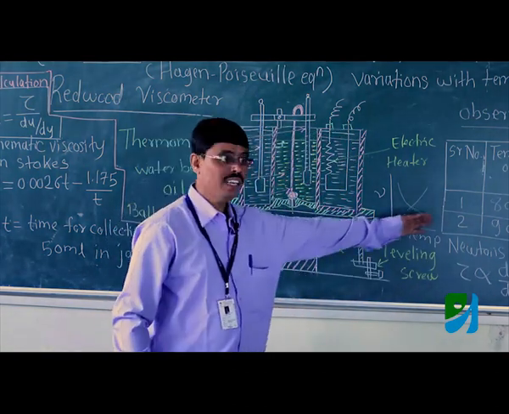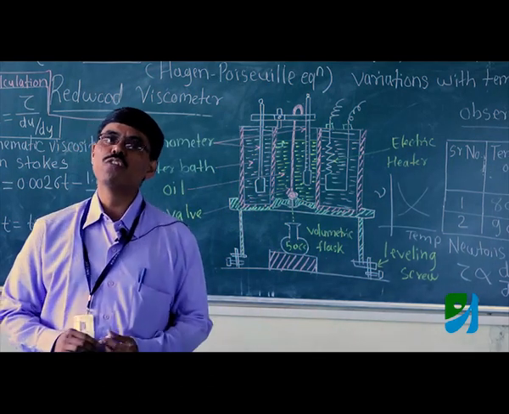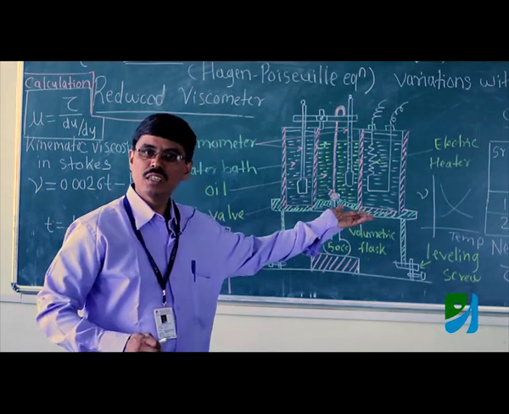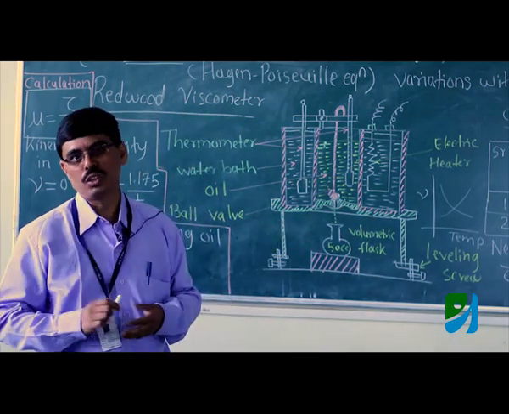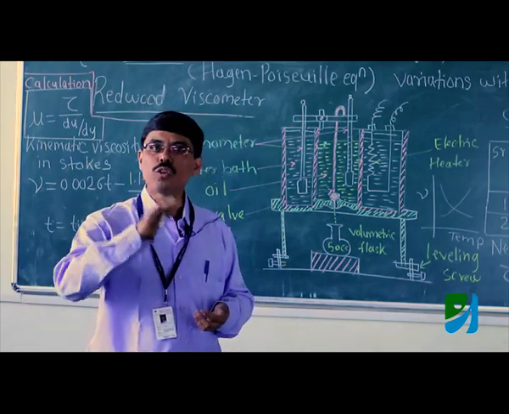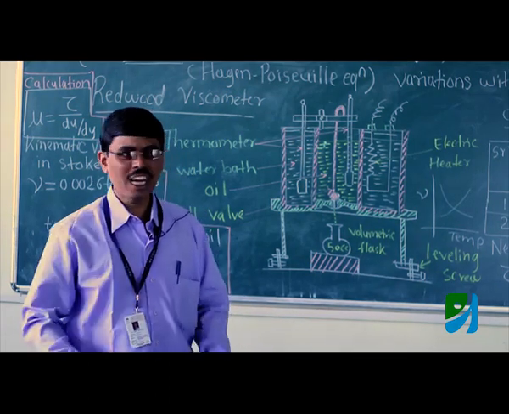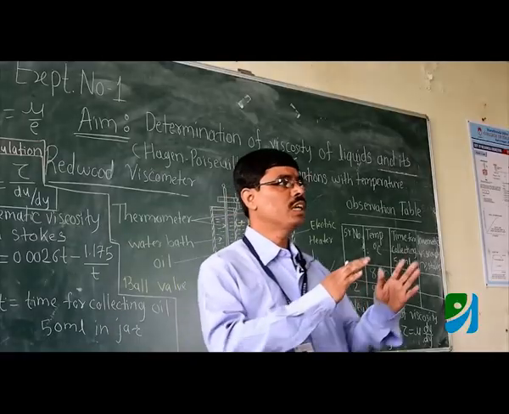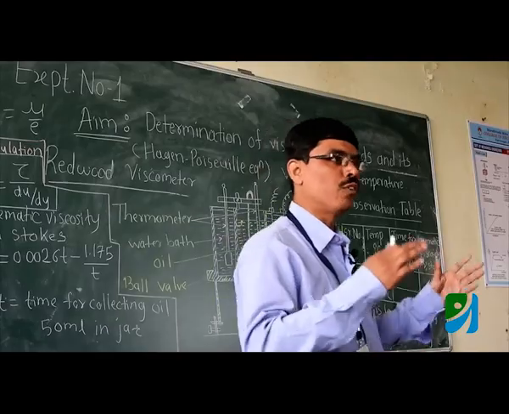Now, you must understand the reason why this happens. In the case of a liquid, the viscosity is primarily due to the cohesive forces. As the temperature increases, these cohesive forces go on diminishing, and that is why the viscosity goes on decreasing. Whereas the viscosity in gases is primarily due to the momentum exchange taking place between the different molecules.